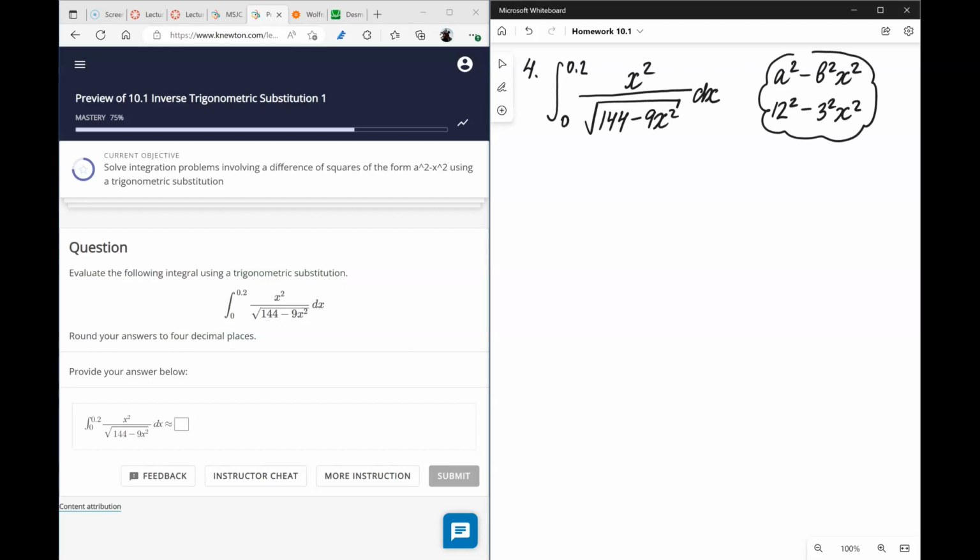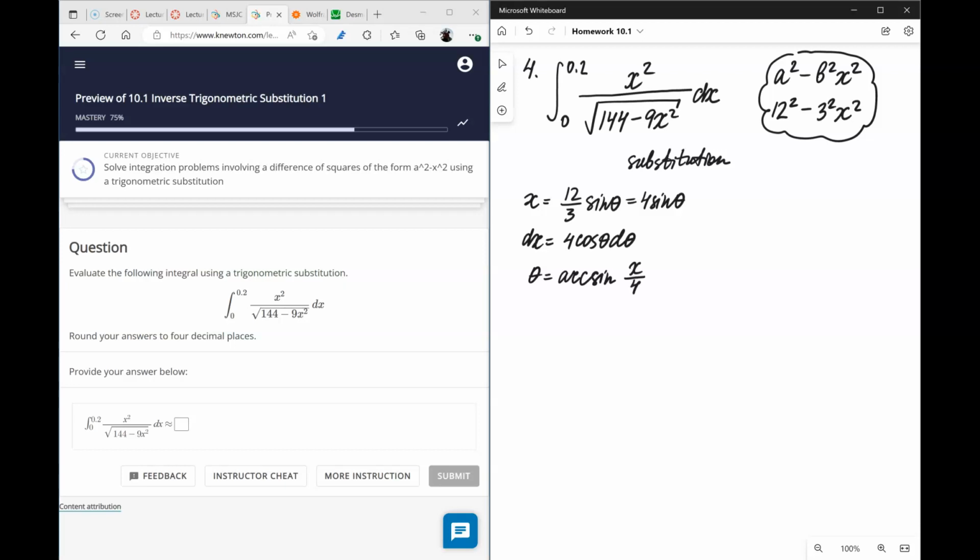So we're going to use the following substitution. X will be equal to 12 over 3 sine theta, which is 4 sine theta. Therefore, dx will be equal to 4 cosine theta d theta, and theta will be equal to arc sine of x over 4.